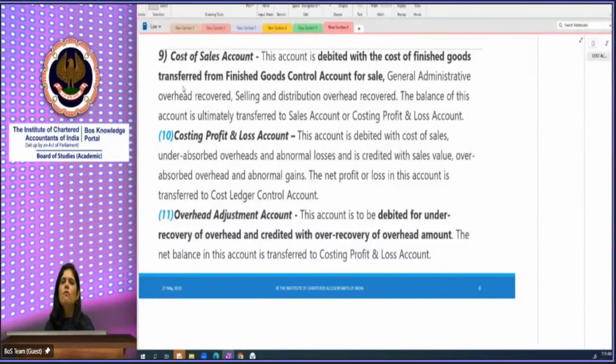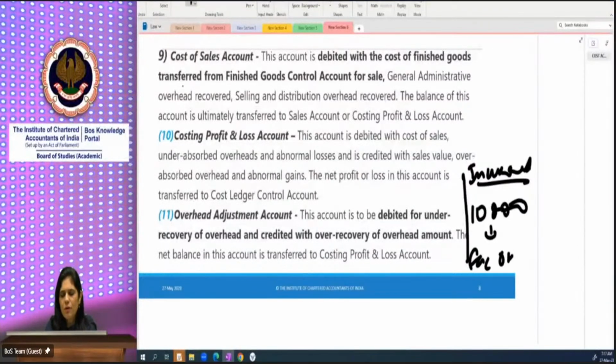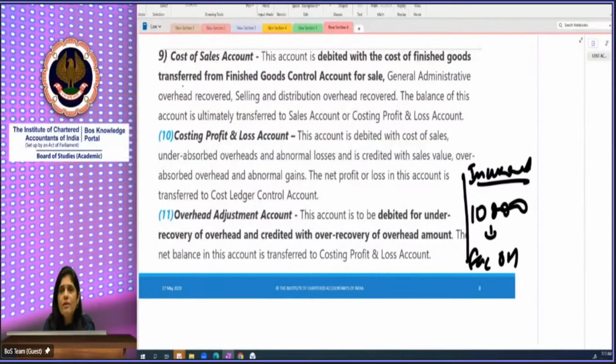So we have three overheads. Might be production overhead is under absorbed or office overhead is over absorbed. What I actually mean by this is, let us say I have incurred 10,000 as factory overhead. The actual overhead incurred we include in financial accounts, but in costing we always use the absorbed overhead.